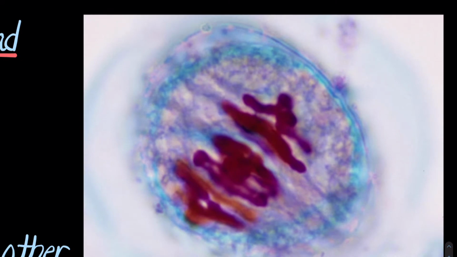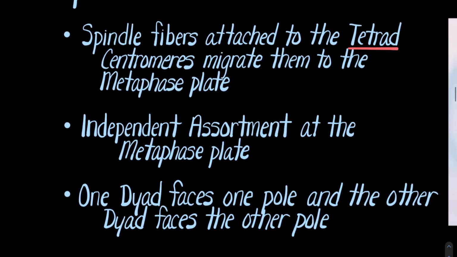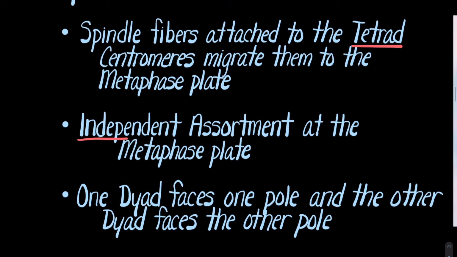In mitosis, each chromosome is lined up on the metaphase plate and is attached to 2 spindle fibers, 1 from each pole. However, in meiosis, homologous chromosomes are lined up across from each other at the metaphase plate and are held by 1 spindle fiber. During metaphase I, the important process to understand, independent assortment, occurs.